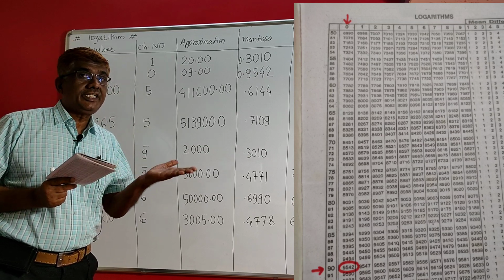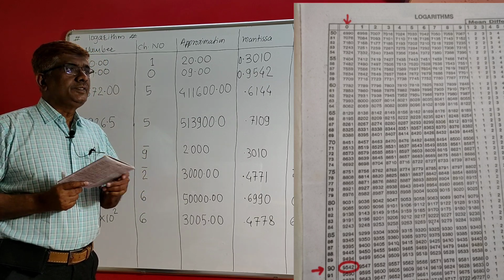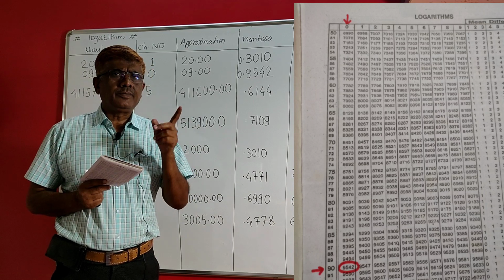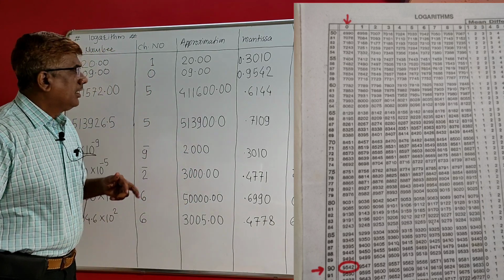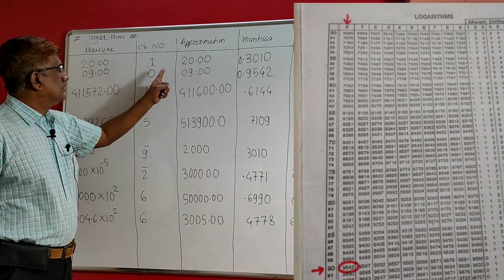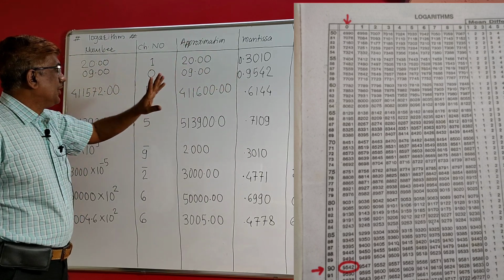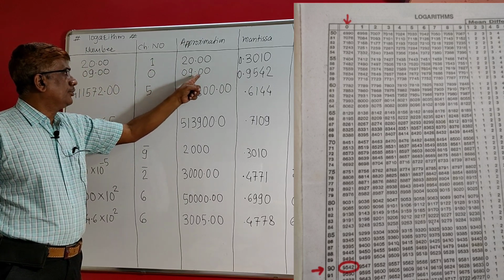We have to see it in 90. That means when you are going to see the log of 1, you see it in 10. If 2, 20; 3, 30; 4, 40; in that way the log of 9 can be seen in the column of 90. So the approximation is 09.00.